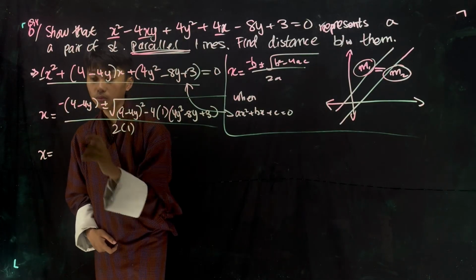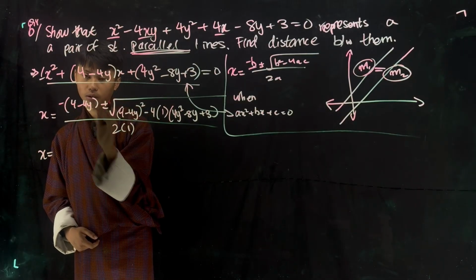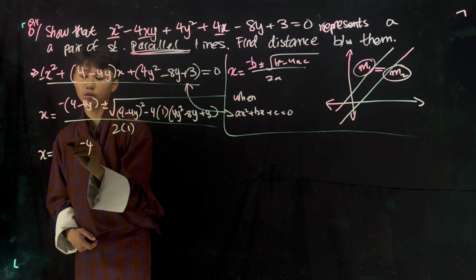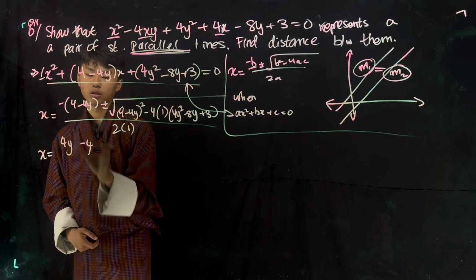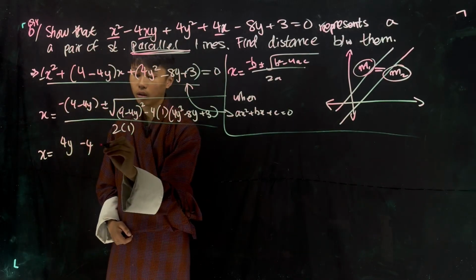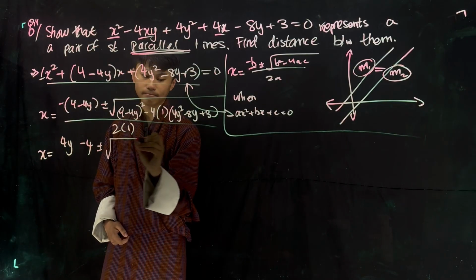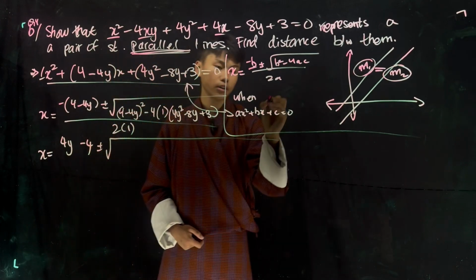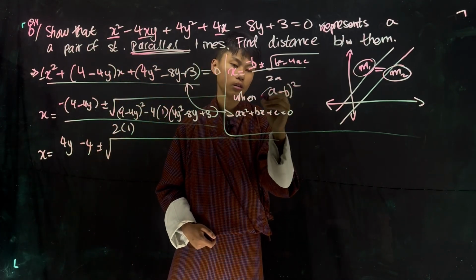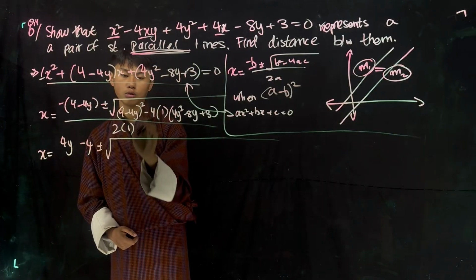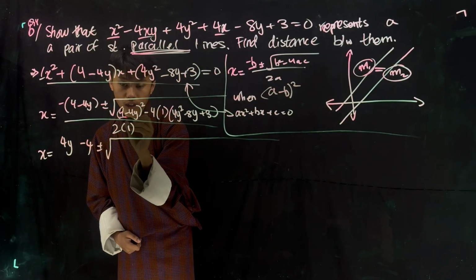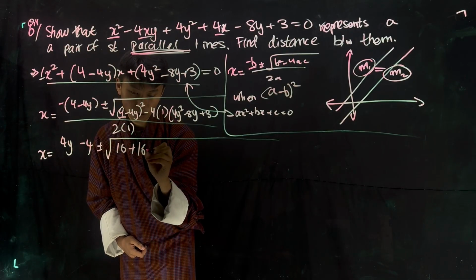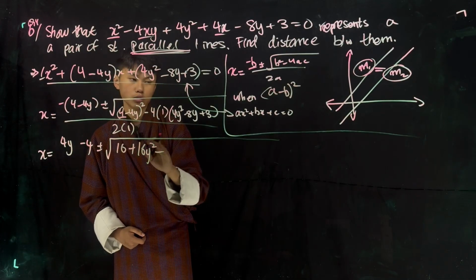Now let's expand them. So negative multiplied to a positive number is always negative. Negative multiplied to a negative number is always positive. So this will give us 4y minus 4 plus minus. Now I hope you all know the expansion of a minus b whole square. This is what I'll be doing here. So a minus b whole square is equals to a square, which is 16, plus b square, which is 16y square, minus 2ab.